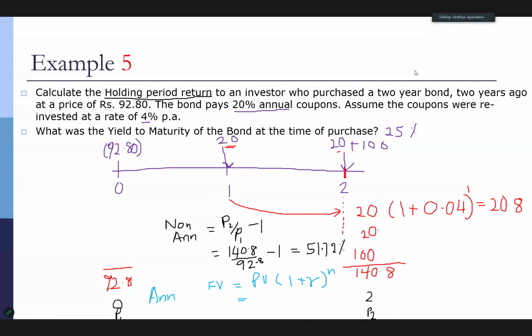Your future value is 140.8. Present value is 92.8. 1 plus r is what we're trying to find, to the power n, which is 2 periods, not 2 years, 2 periods, right? And we get r equals 23.176.